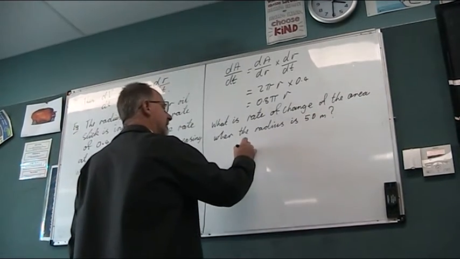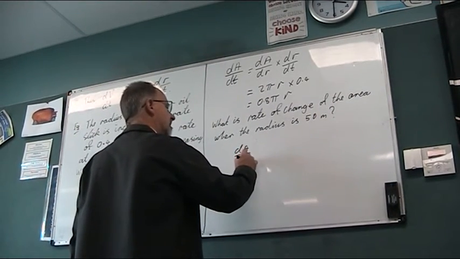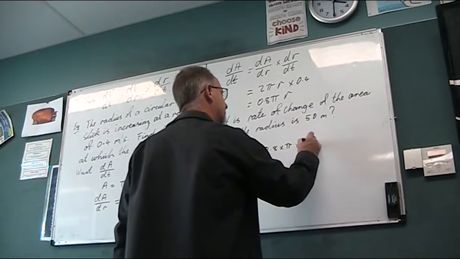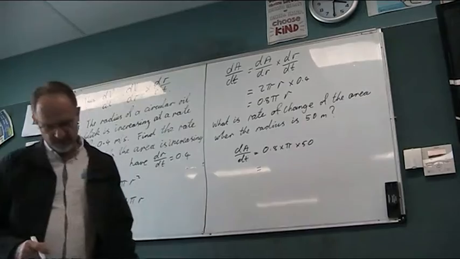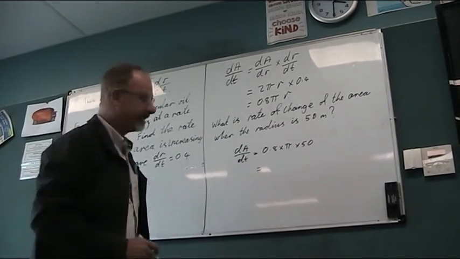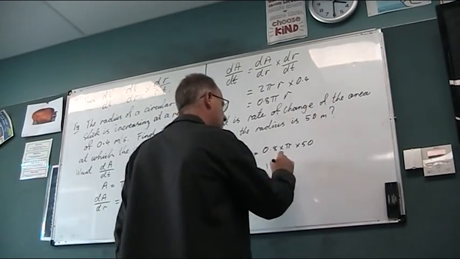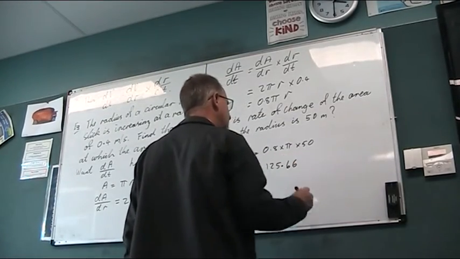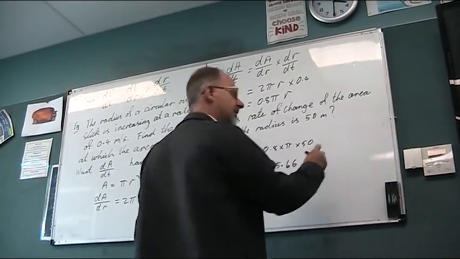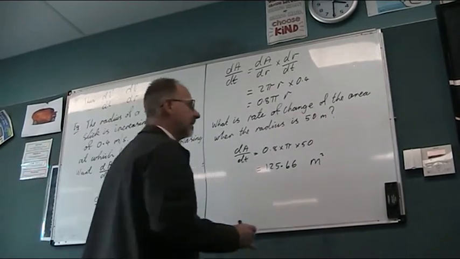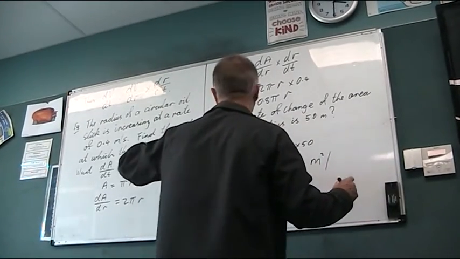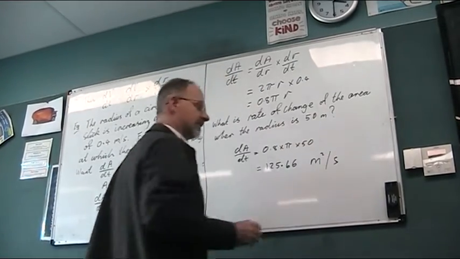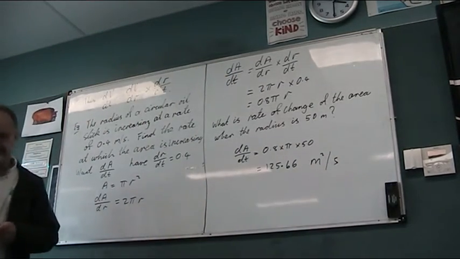Then we would know that the area is changing with time at 0.8 times pi times 50. We'll stick all of that in the calculator and you get 125.66. Because it's area, it's metres squared, and because the time was in seconds, that's metres squared every second.